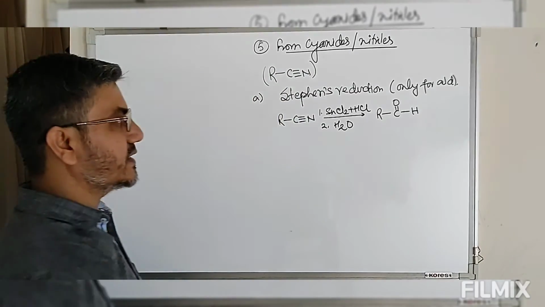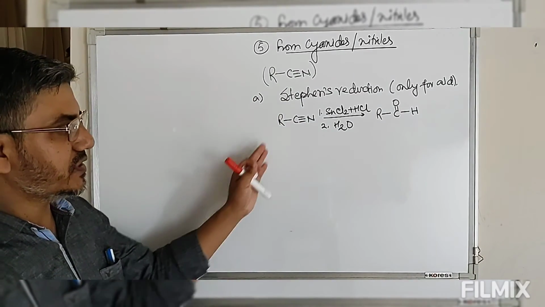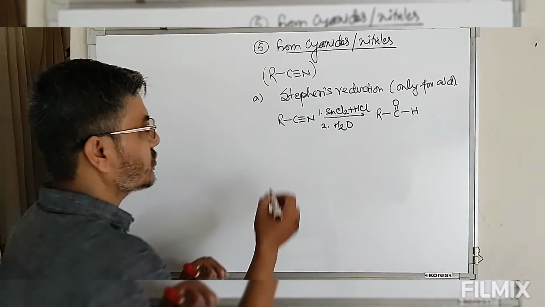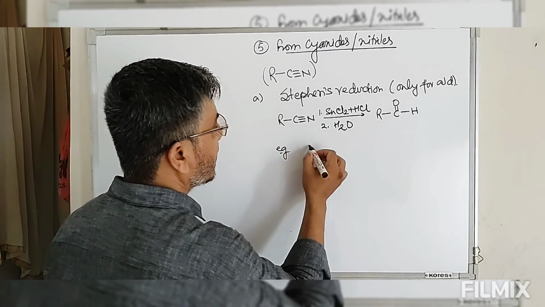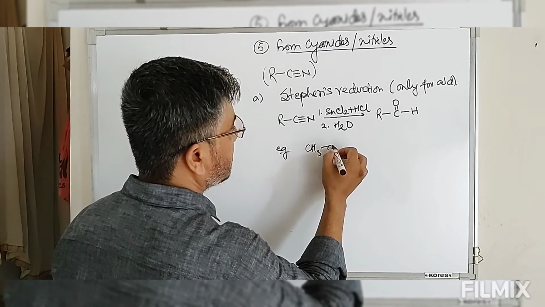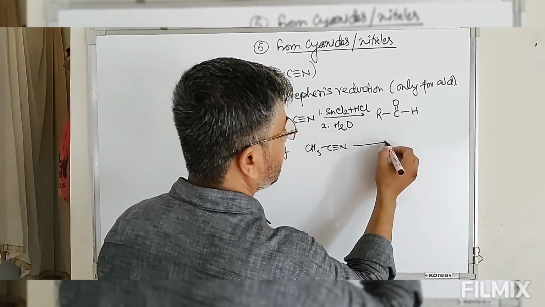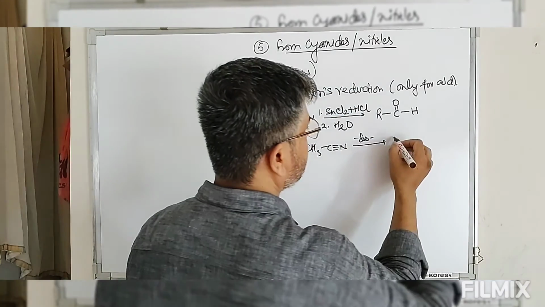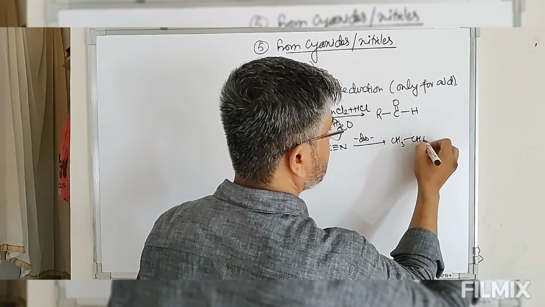So all cyanides on reaction with tin chloride HCl followed by hydrolysis give you aldehyde. Let's start with this. Suppose we have CH3C≡N, and by use of this reaction, tin chloride HCl followed by hydrolysis, this gives you CH3CHO.